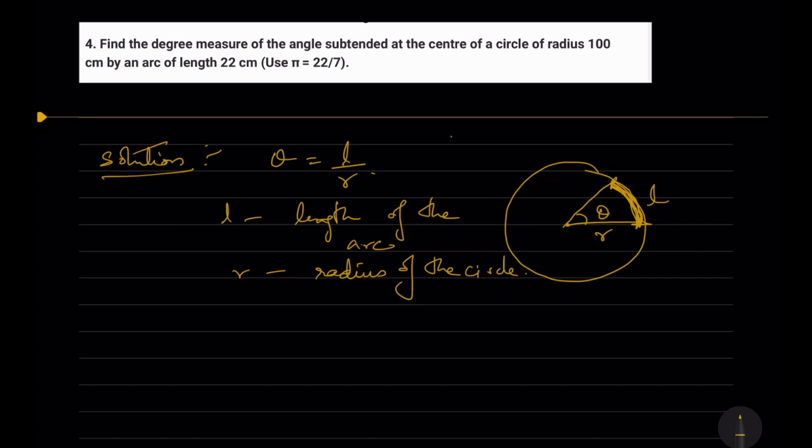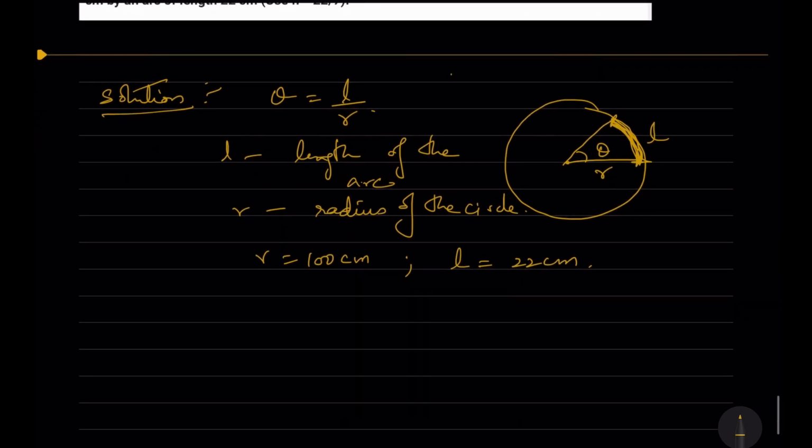So therefore from the problem you are having radius R is equal to 100 centimeters is given, and L is equal to the length of the arc is equal to 22 centimeters is given over here. So we have to find out what is theta. So theta is equal to 22 by 100 radian.